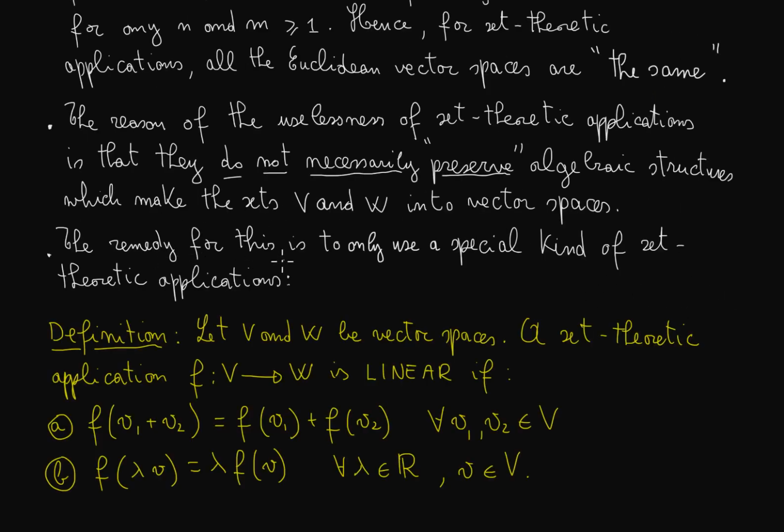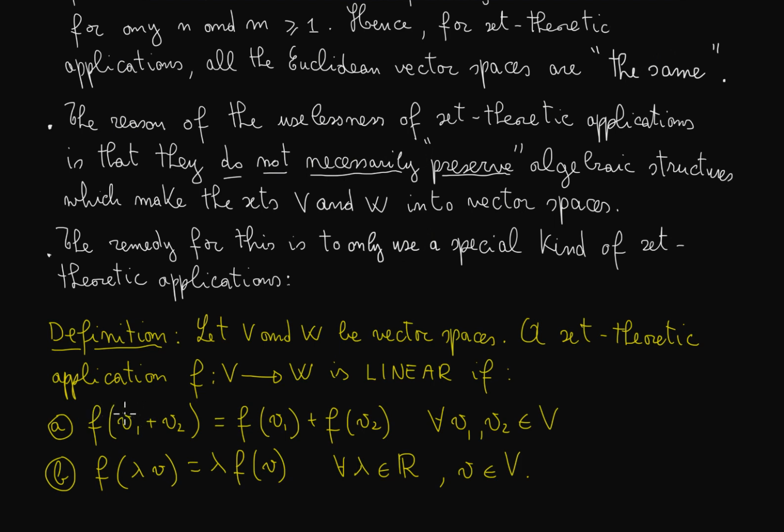The remedy for this is to only use a special kind of set theoretic applications between vector spaces, if you want to study them. Definition: let v and w be vector spaces. A set theoretic application f from v to w is linear if the following two properties hold.